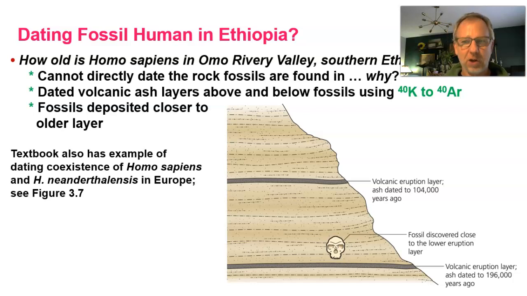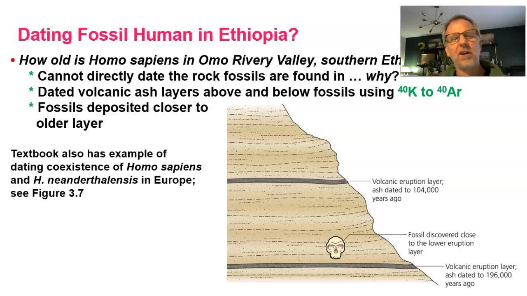we can estimate how old those volcanic ash layers are. So by doing that, it turns out that the upper layer is about 104,000 years old, and the lower volcanic layer is about 196,000 years old. So that means that the Homo sapiens fossil is between those ages.